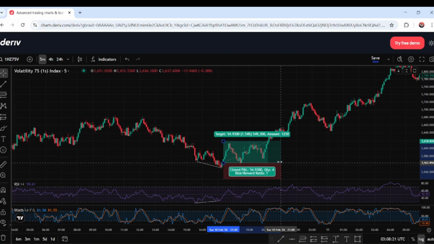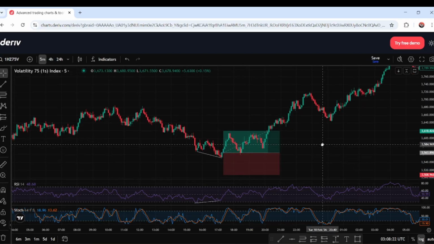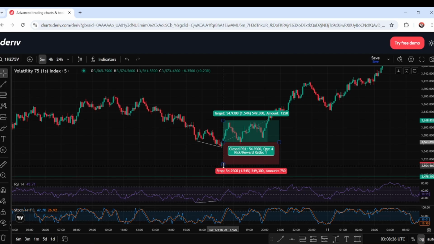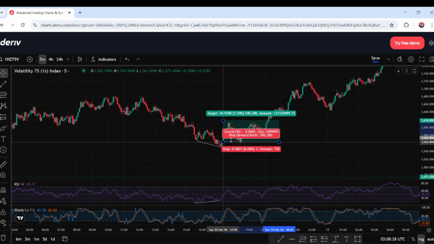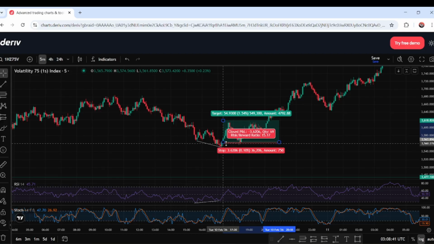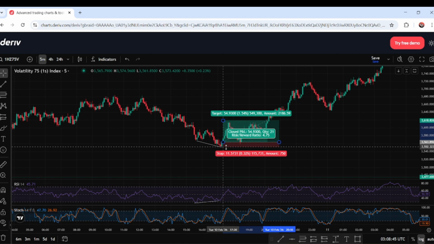If you want to do a stop loss placement on your trade, there are two things you consider. One is where you entered, which is at this point, and then you consider the highs or the lows which you entered from. This is the low I entered from, and then you mark out the lowest low, which is at this point.